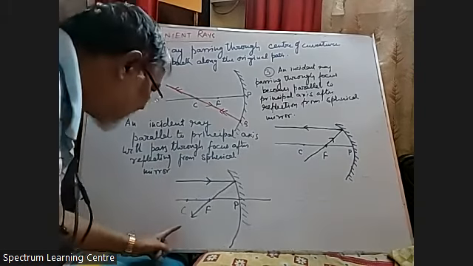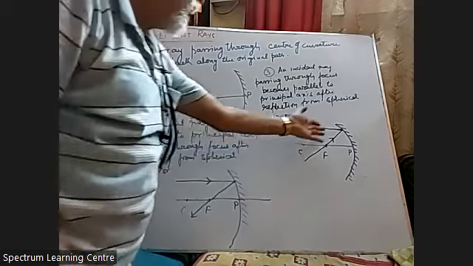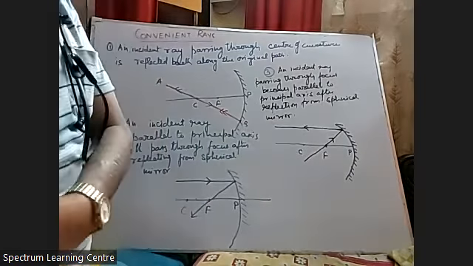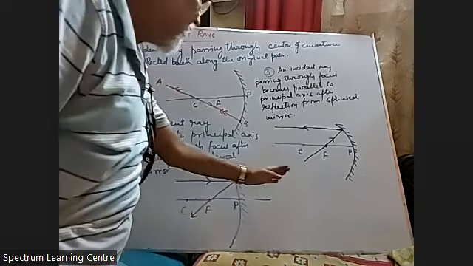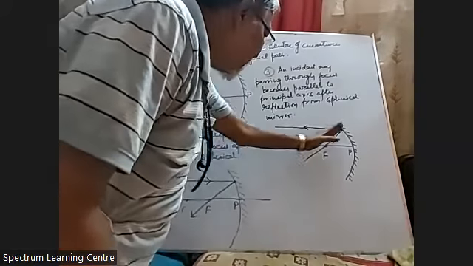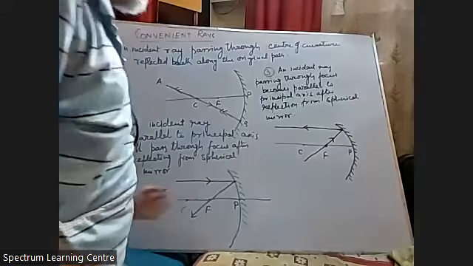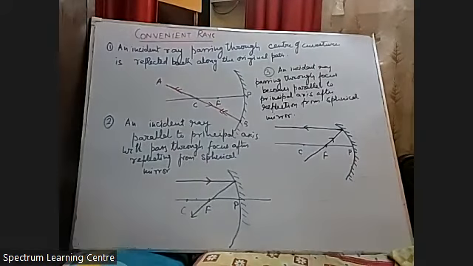Now, if I reverse this direction, the ray passing through the focus will naturally become parallel to the principal axis. Draw these diagrams neatly. We will be starting with formation of images with concave and convex mirrors tomorrow, and tomorrow we'll be finishing the chapter on light.